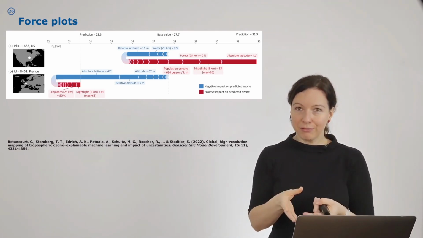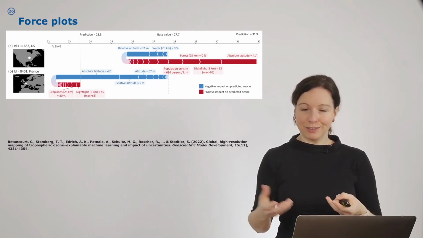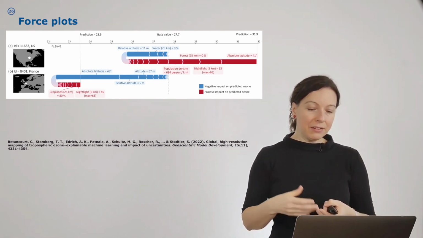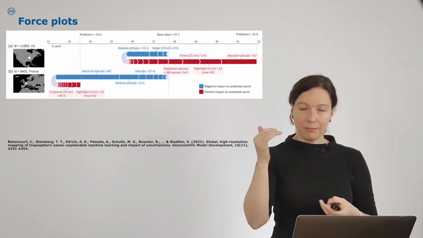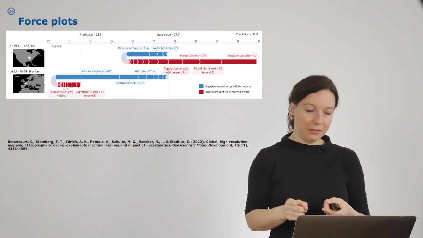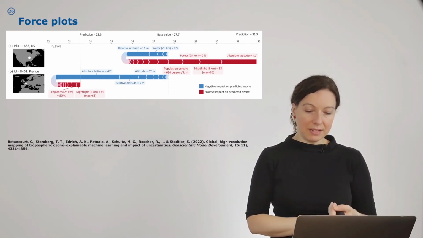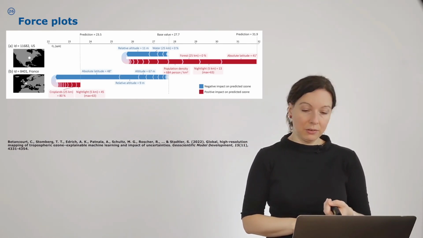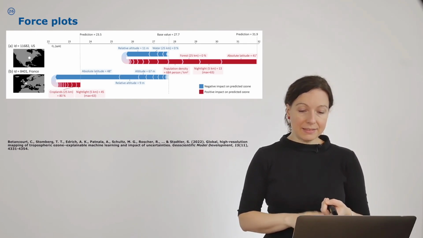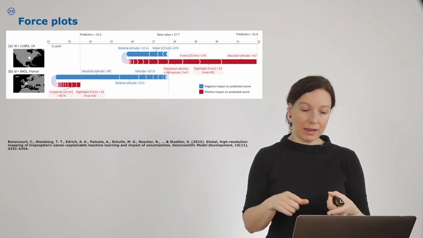And for further clarification, as I said, we consulted an expert. First of all, the altitude is the height above sea level, and the relative altitude is the height above the lowest point in a radius of 5 kilometers.